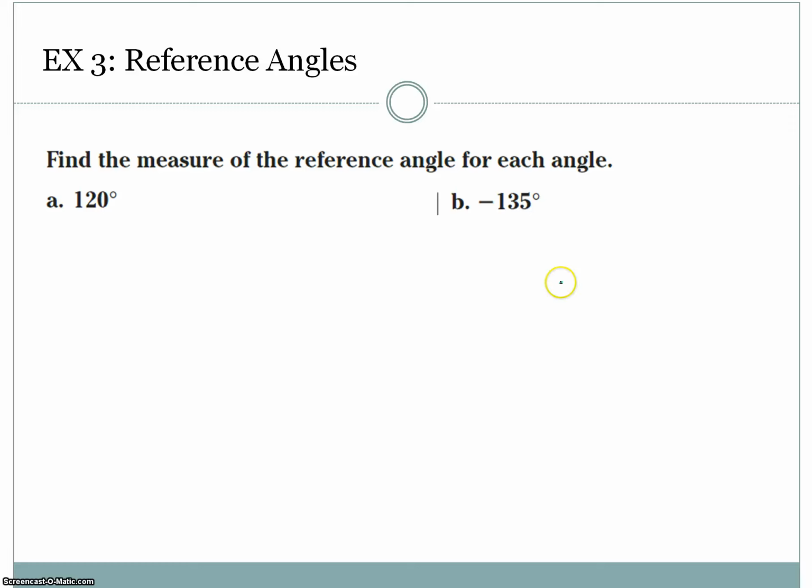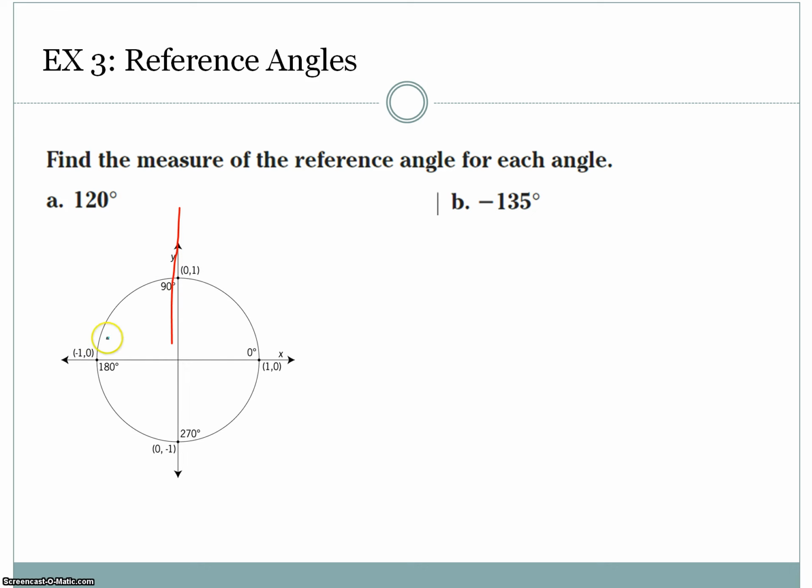So for instance, find the measure of the reference angle. Let's draw 120 degrees. So 0, 30, 60, 90, all right, 120. Here's the angle. This is 120 degrees. Remember that we're going to make a little bow tie.